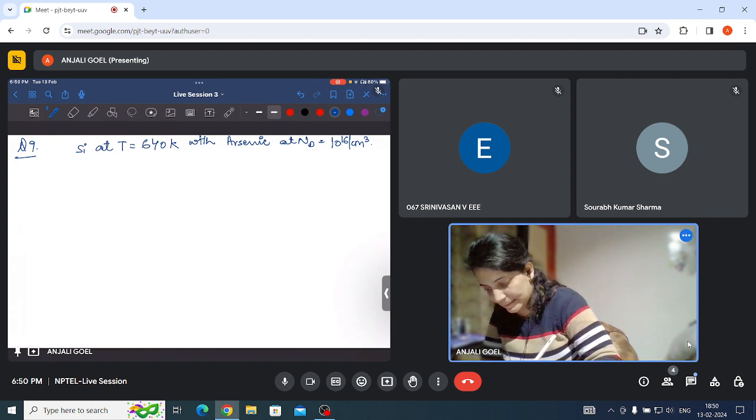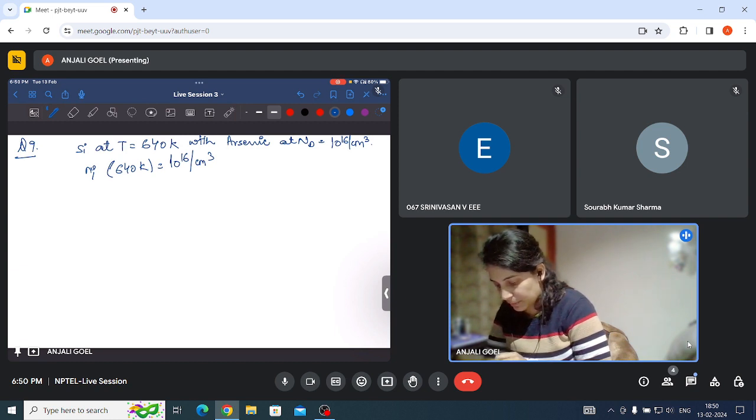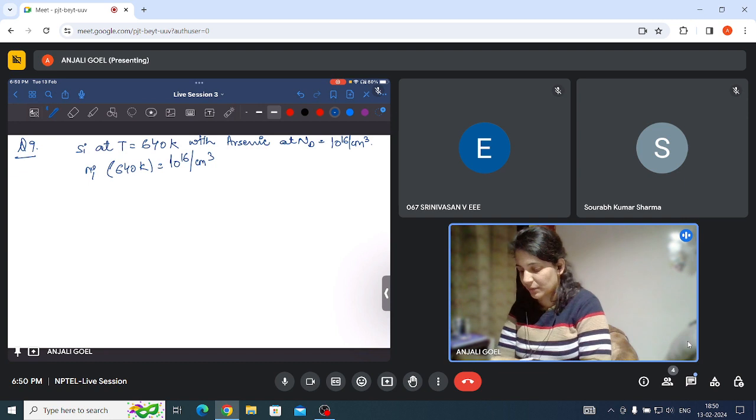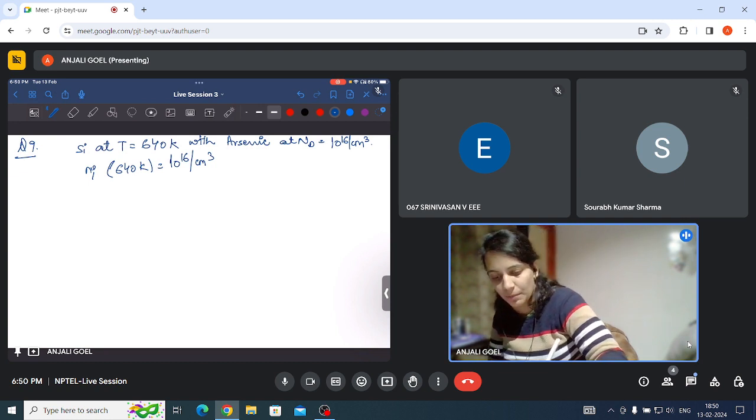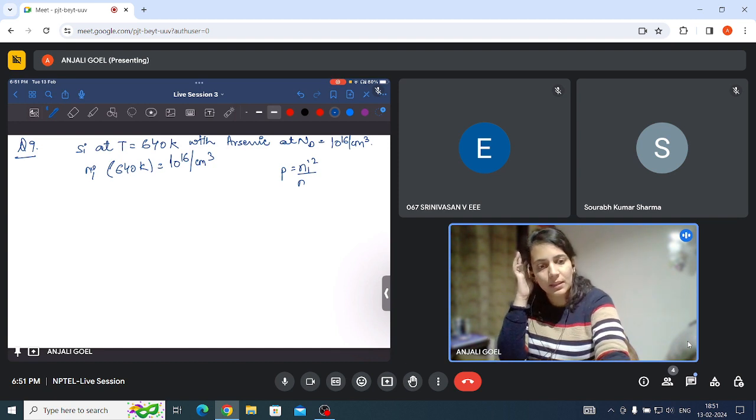I'll tell you the Ni concentration at 640 Kelvin. It is 10 raised to power 16 per centimeter cube. I hope that you can do the other parameters. I'll just give you a hint that in this you can directly use your mass action law because it is nearly intrinsic, as you'll find on solving. So I'll give you 5 minutes and then we can discuss.